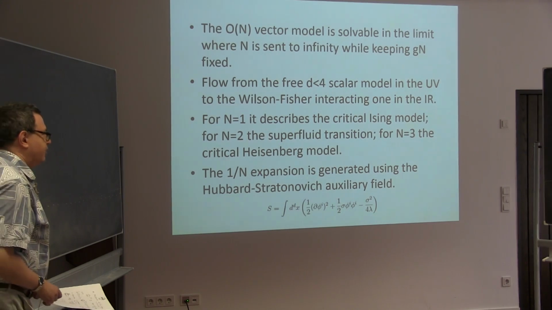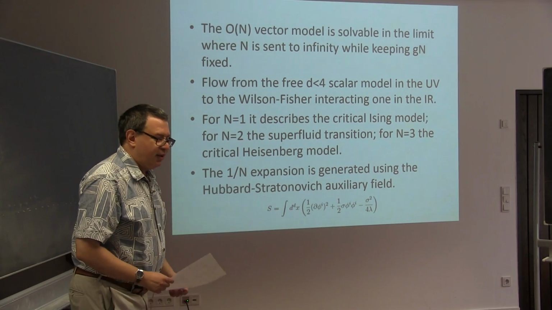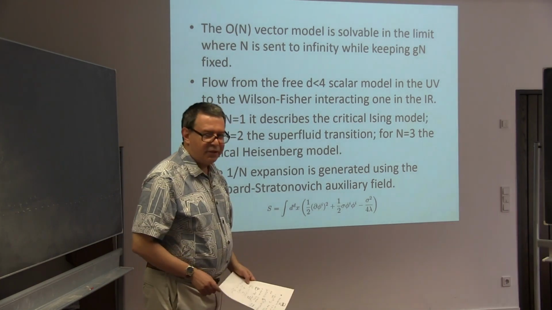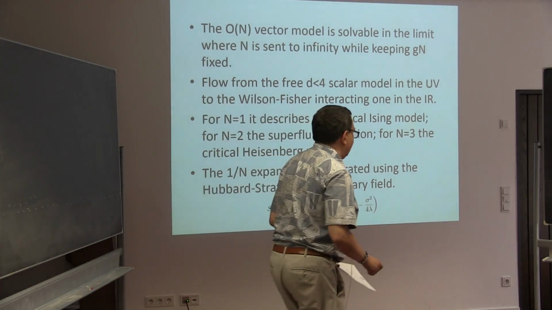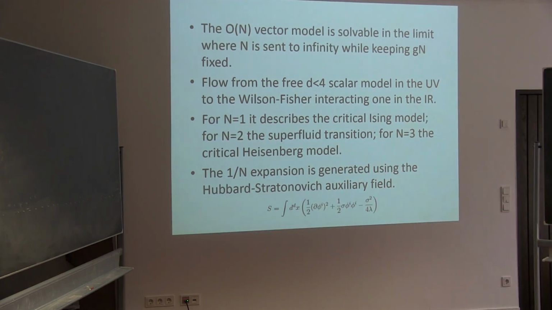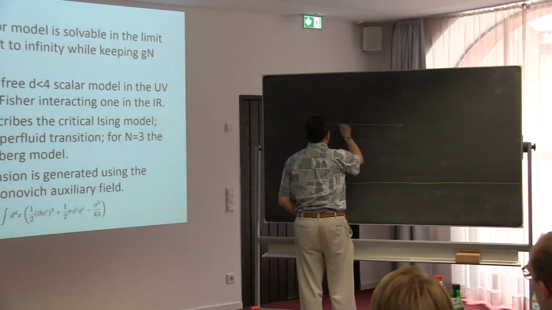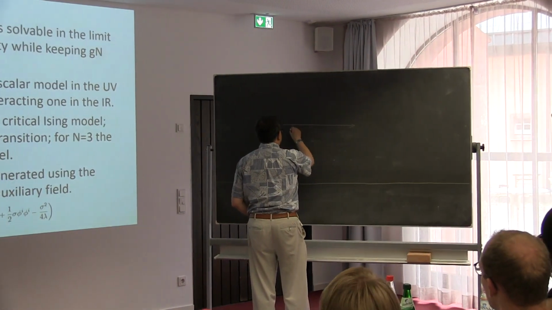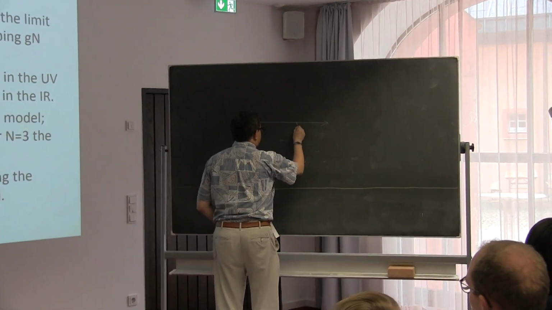And I also wanted to mention the following thing. I talked about the 4 minus epsilon expansion last time. So there is this golden range where these theories are particularly interesting. This is the range of dimension D, so we have 2 here and 4 here.